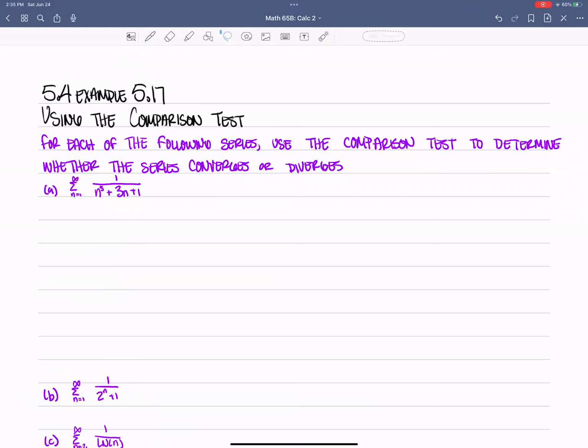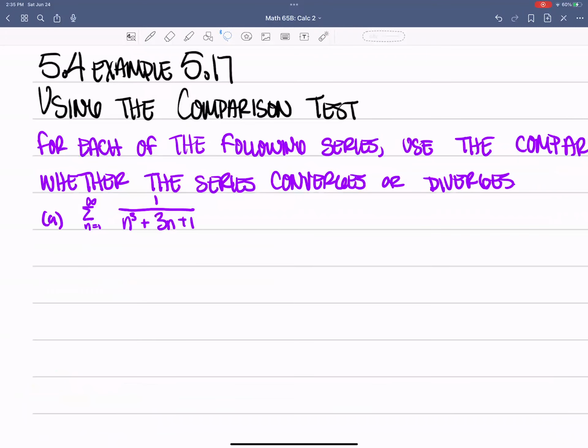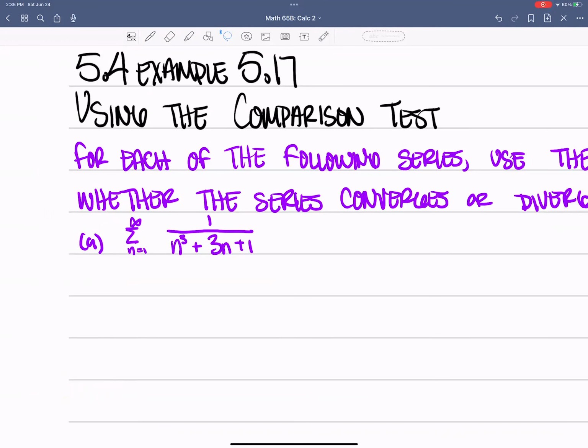So starting off with this one here. Okay, so we have 1 over n cubed plus 3n plus 1. For all values where n starts at 1 and goes off to infinity, I know that this one's going to be smaller than its counterpart.